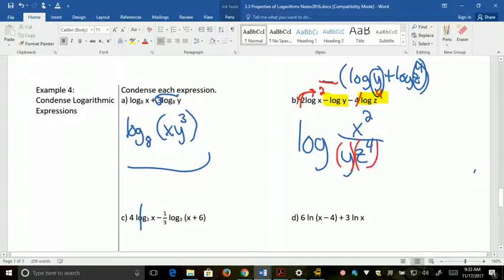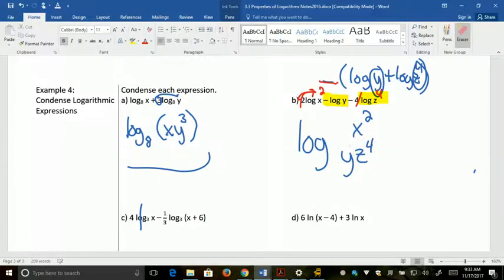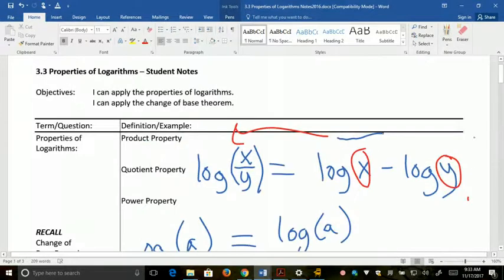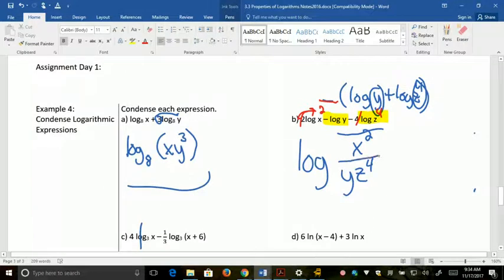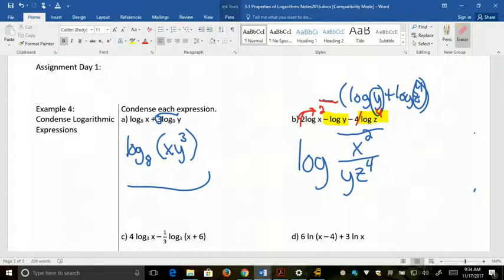Yeah. You can, but you really want to drop them because there's no plus or minus signs that really separate them. They're just being multiplied together. And that's shown through just having them right next to each other. So you don't have to do that. But I wouldn't necessarily mark it wrong, because technically it's not wrong. It's just not looking as nice.